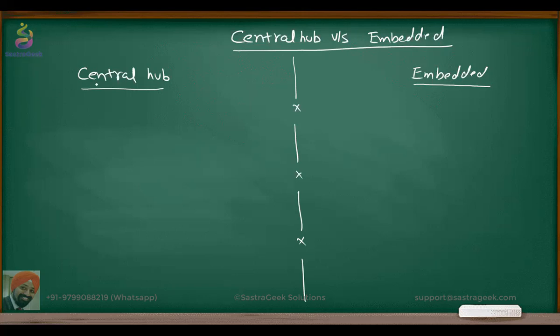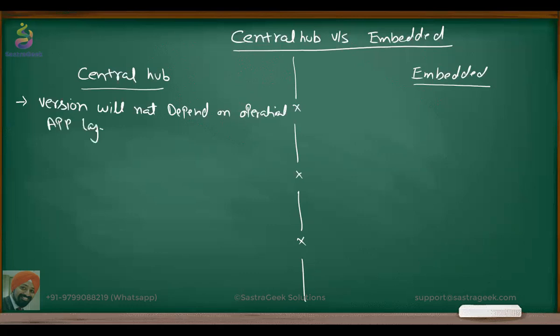In your central hub scenario, your version will not depend on your operational application layer. Your operational application layer is basically your S/4HANA 1909.